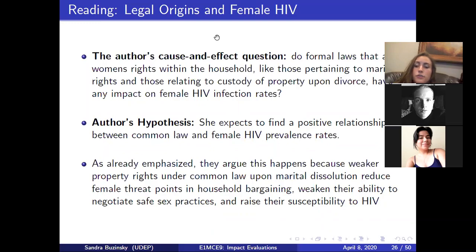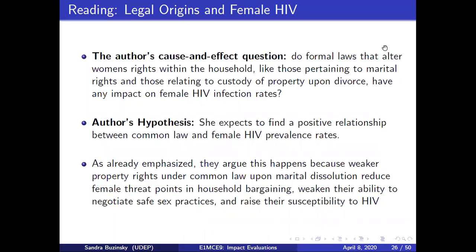So she asks, do the formal laws that change women's rights within the household, especially those related to marital rights, so how many rights she has as a wife, and how much of their assets or shared property she can keep if they get divorced, have an effect on female HIV infection rates?